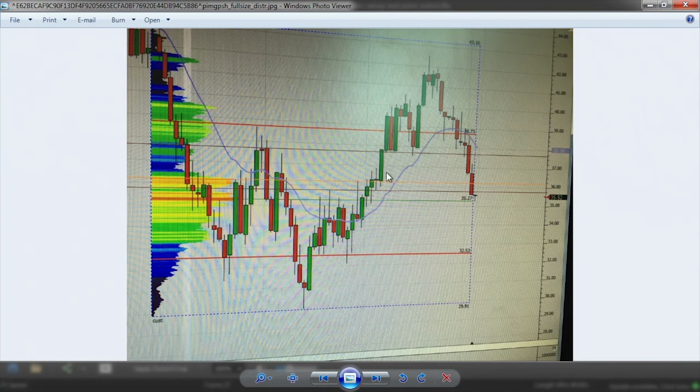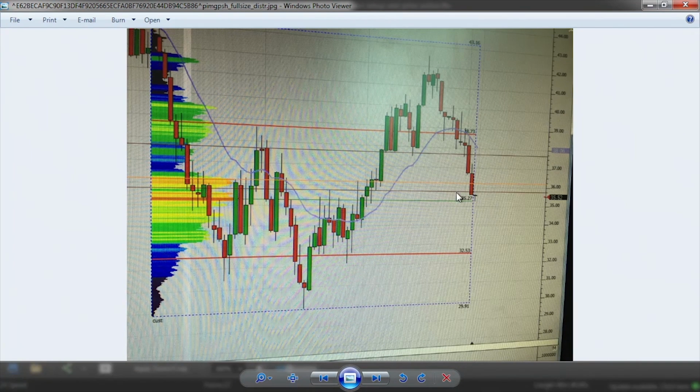In other words, the market says, we've moved away from fair value, we've come back now, but we accept that we were accepting value higher up. So what you typically see is very aggressive price action coming in when we retest these high volume traded areas. So that's the context of the market.